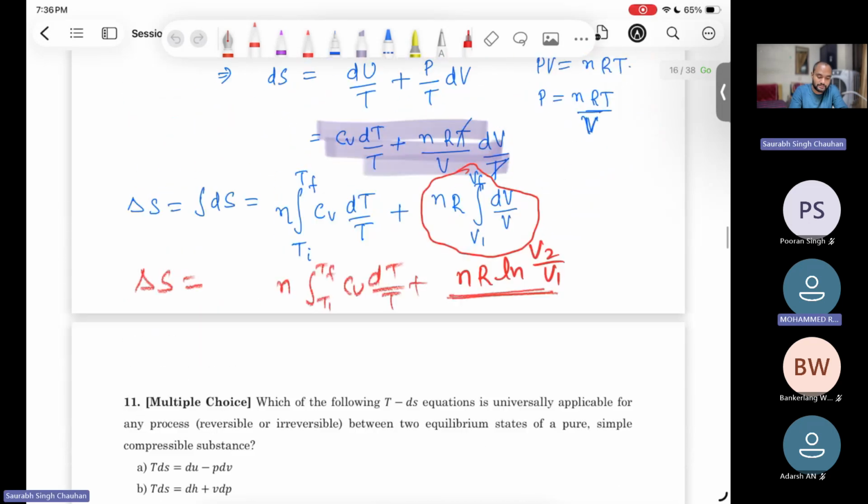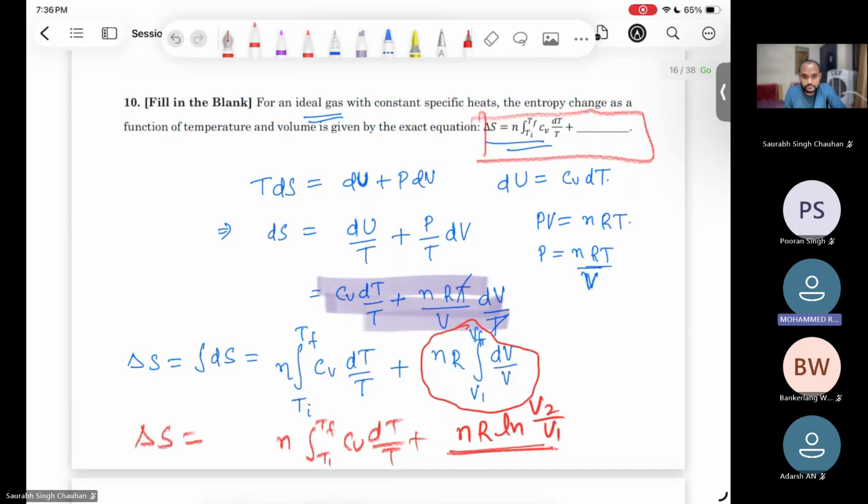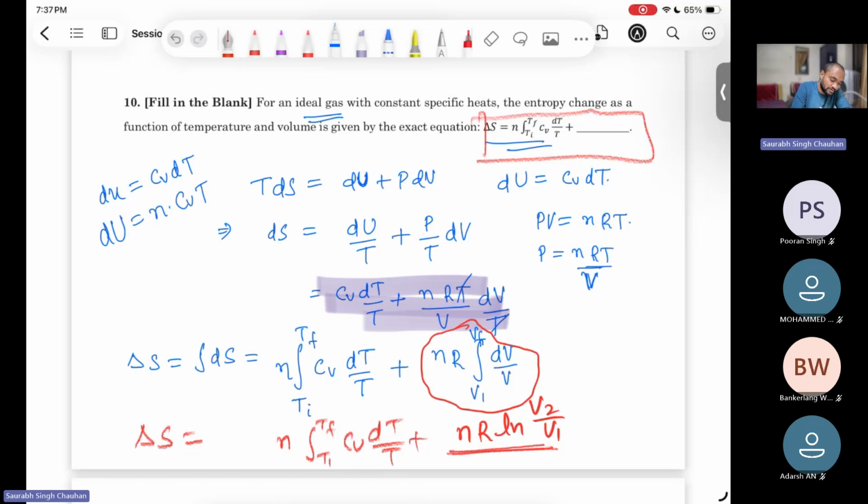Here we are getting an extra n, small n. Oh, sorry. Actually, small u is equal to Cv dT, internal energy per unit mass is Cv dT, but here we are writing capital U. So d capital U will be equal to the number of moles times that.